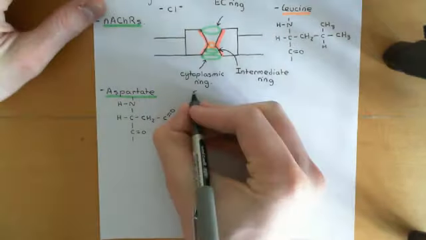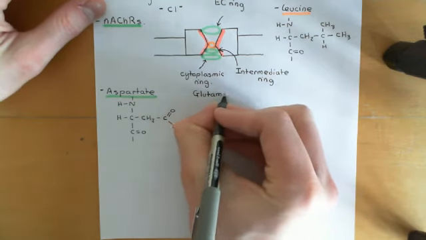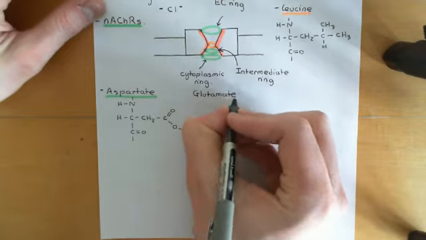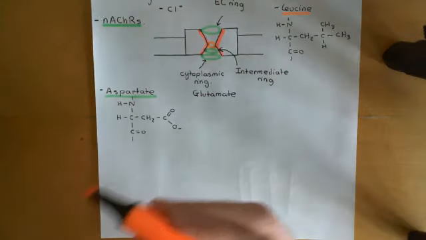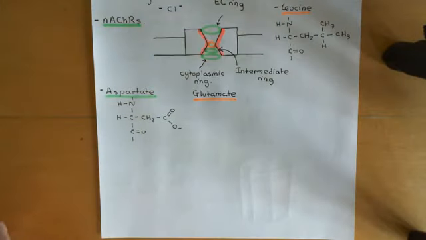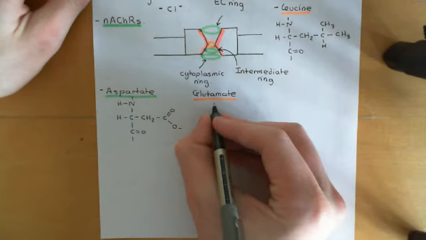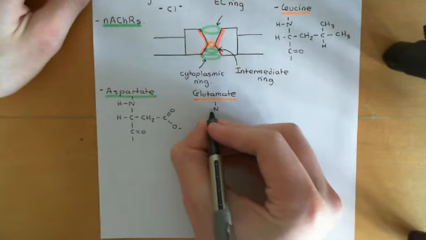Glutamate we've seen before, but I haven't shown this as a residue before. It's basically an identical structure to aspartate, except that you have an additional methylene group before the carboxylic acid group, so you have two methylene groups there. So I'll show glutamate now for completion.